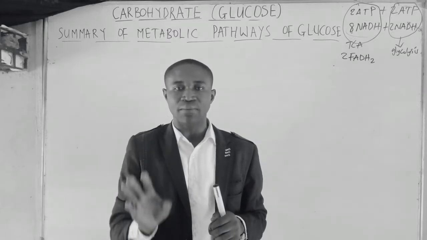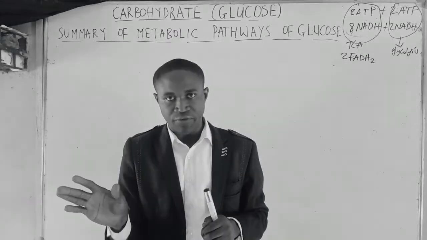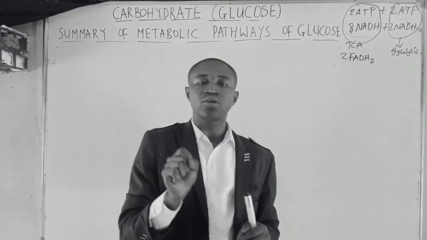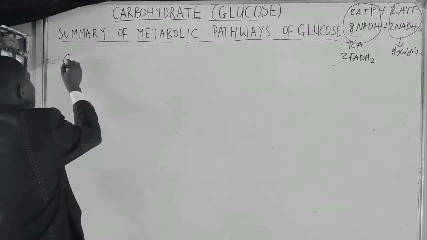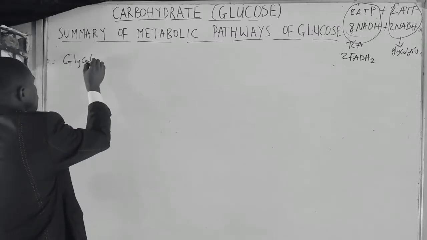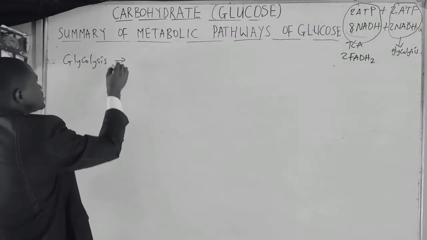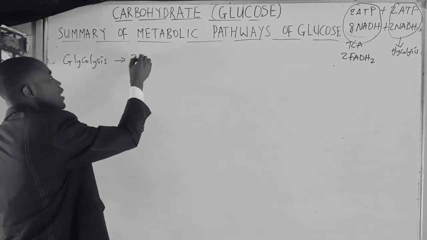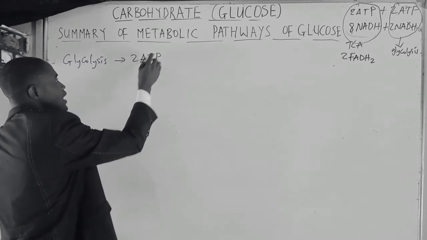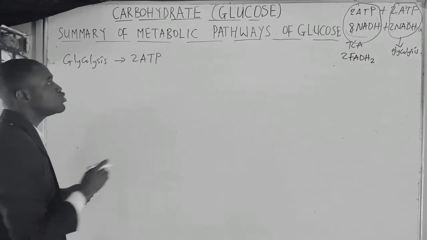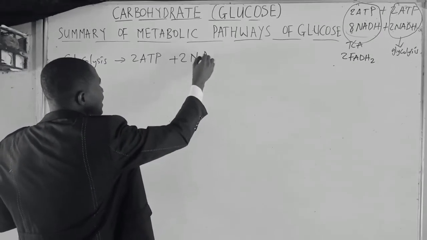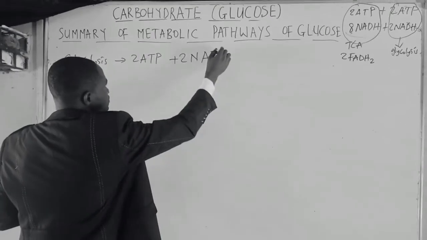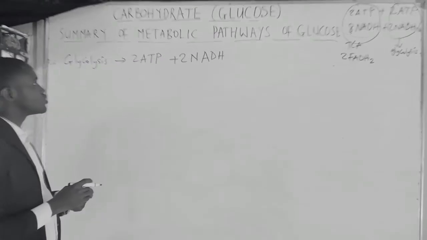It produces pyruvate, and from glycolysis we realize that two molecules of adenosine triphosphate will be produced, and two molecules of reduced nicotinamide adenine dinucleotide will also be produced.